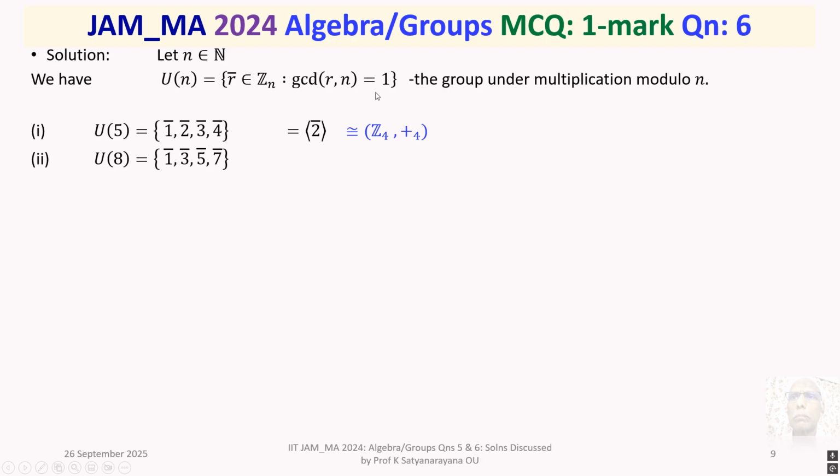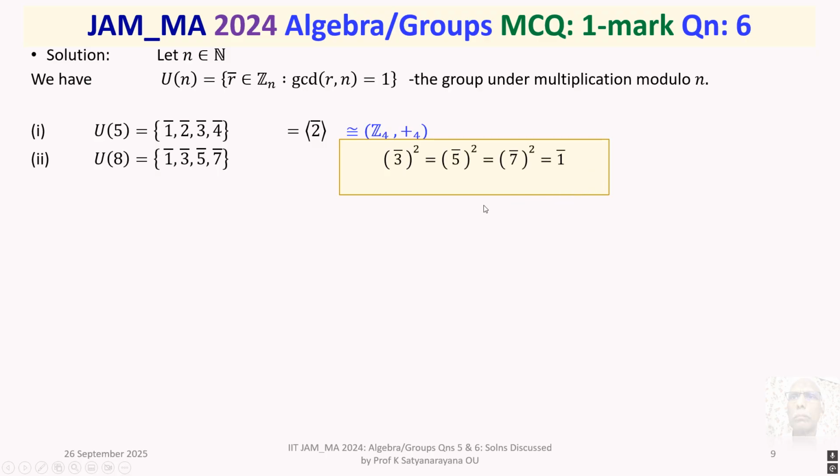7 comma 8 is 1, right? So now in this, 3 square modulo 8 is 1. 5 square modulo 8 is 1. 7 square modulo 8 is 1.